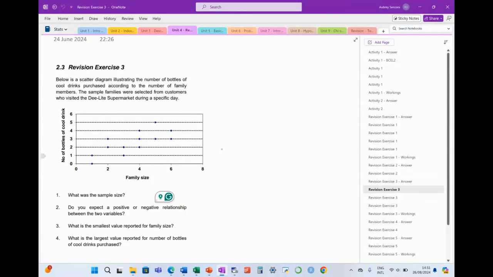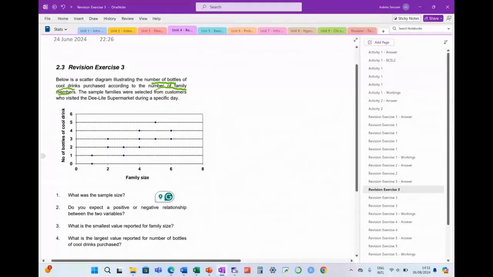Here they say below is a scatter diagram illustrating the number of bottles of cool drinks purchased according to the number of family members. And then it says the sample families were selected from customers who visited the Lit Superstore during a specific day. What was the sample size?